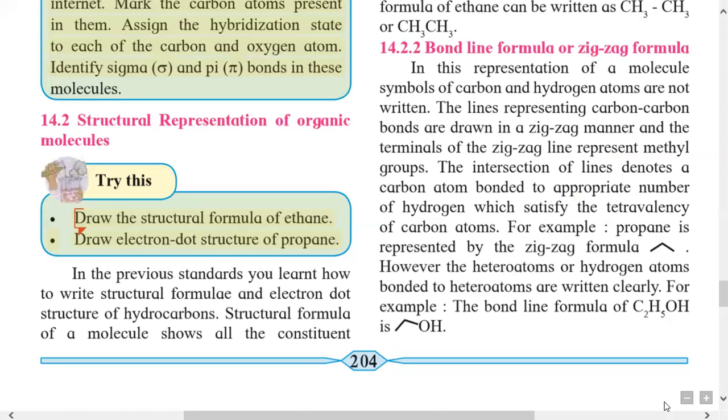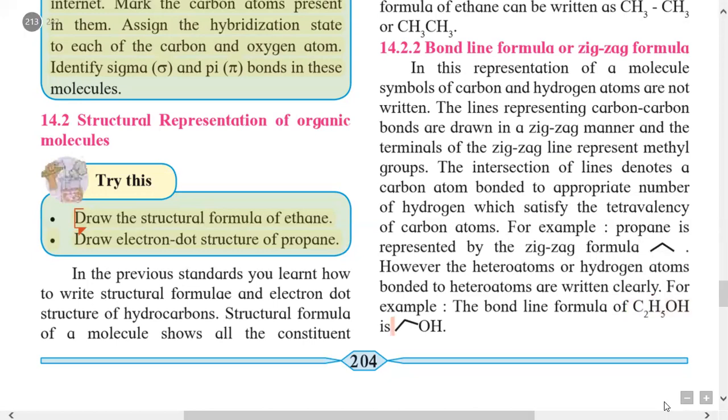And if there is a functional group like alcohol or halide, these different types of functional groups can be shown in the bond line formula. Here one example of a heteroatom containing compound is taken. It is C2H5OH. We know it is ethanol or ethyl alcohol.